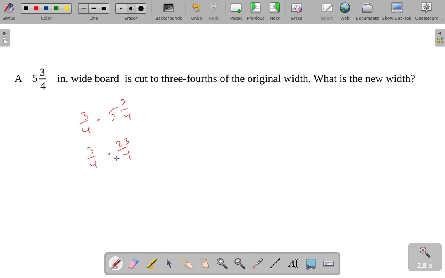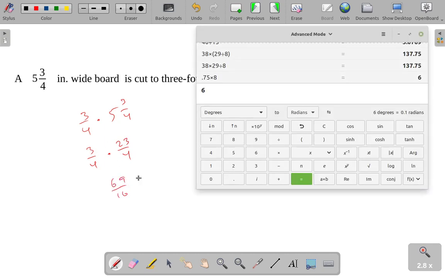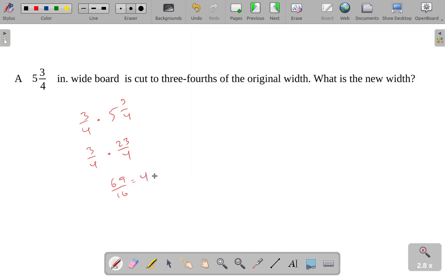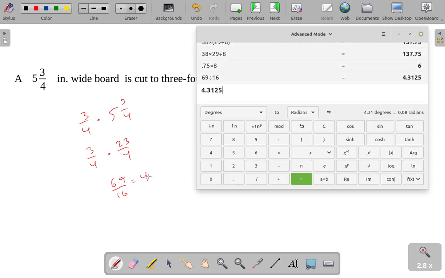And multiply these together. I can already see there isn't going to be any cancellation because the only factors in the 4s are 2s, and there are no 2s that are factors on the top, so I'll just multiply these together. We get 69/16, which I'm going to ask the calculator. 69 over 16, that's 4, and then we have the 0.3125.